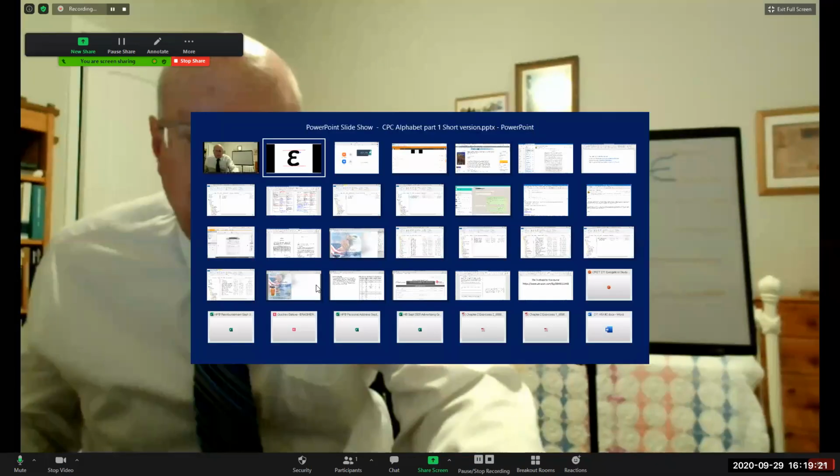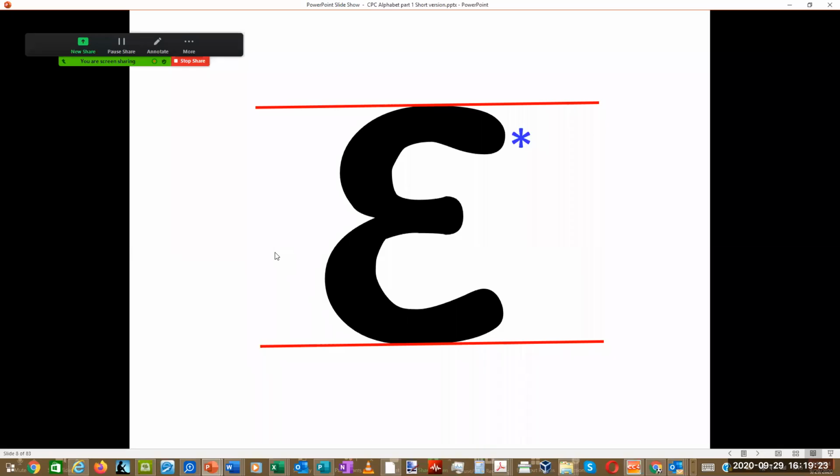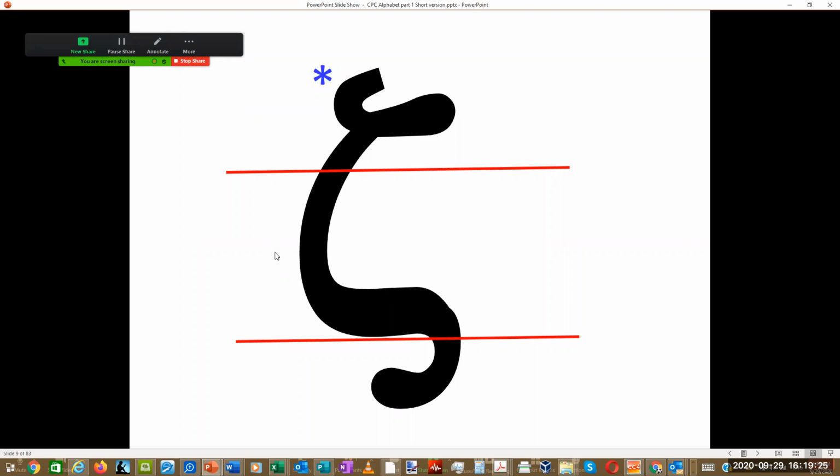Let's get all 4 of these new letters: epsilon, and then zeta, or actually a little softer Z, zeta. Something like if you were pronouncing it DS, zeta. It's the Z sound, the only Z sound that we have in Greek.